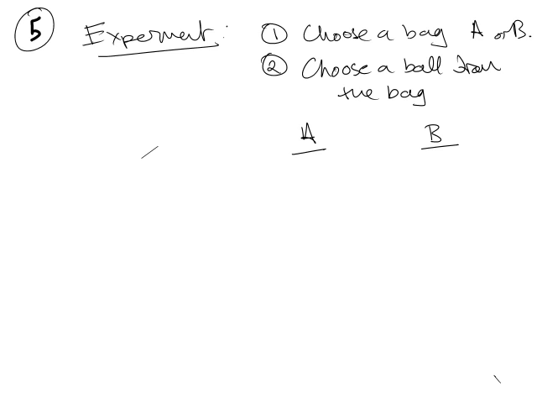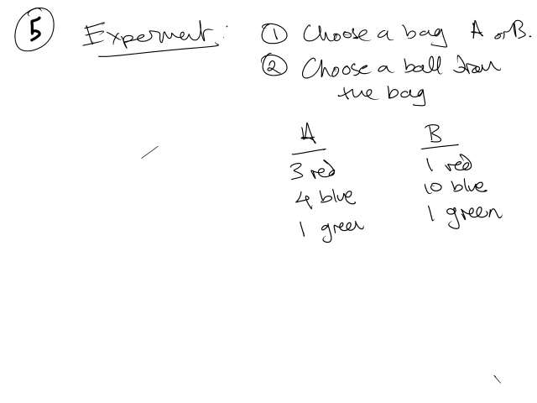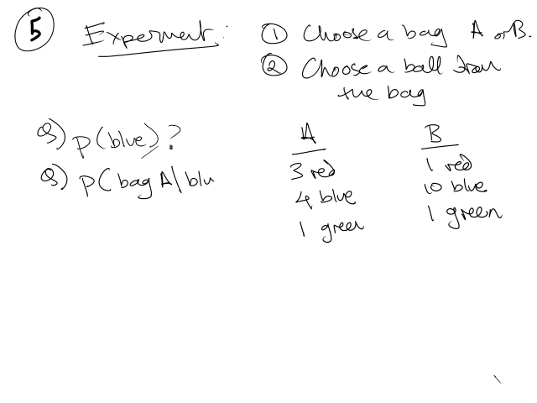Bag A has 3 red balls, 4 blue, and 1 green. And bag B has 1 red, 10 blue, and 1 green. The first question is, what is the probability that you draw a blue ball in this experiment? And the second one is, what's the probability that you drew from bag A given that you draw a blue ball?